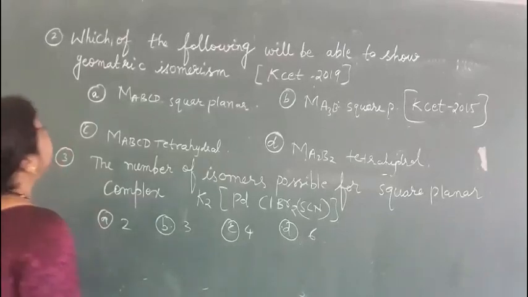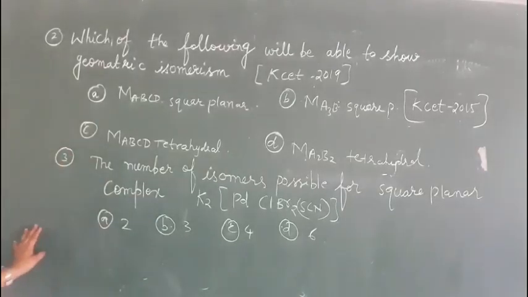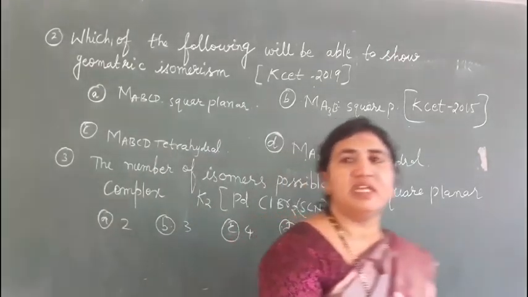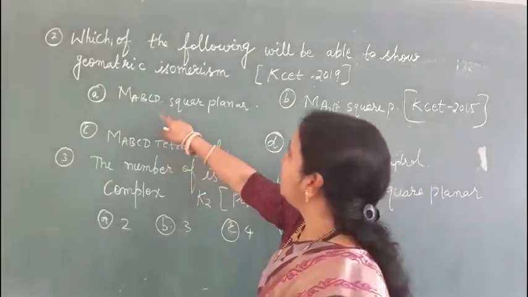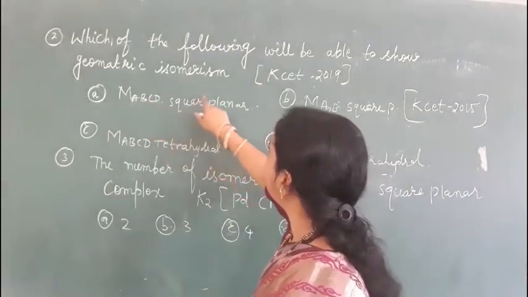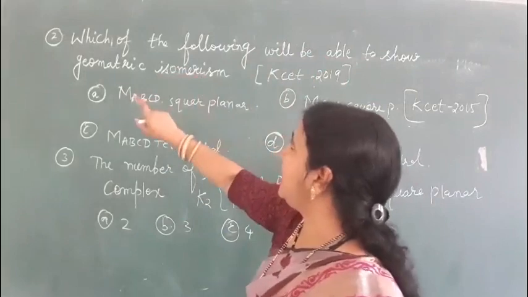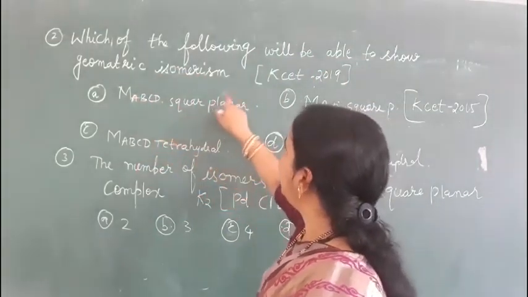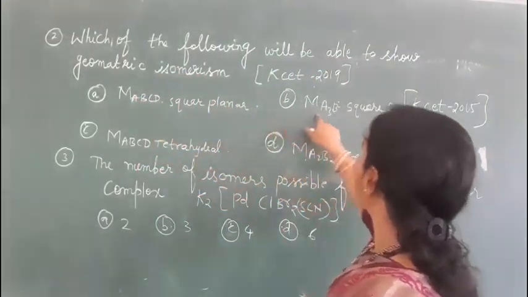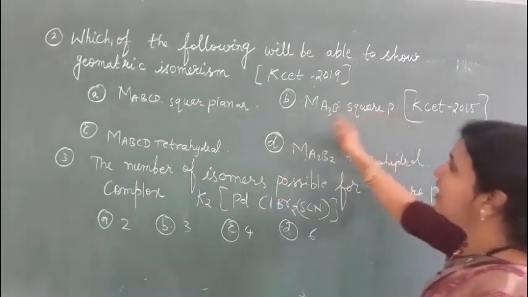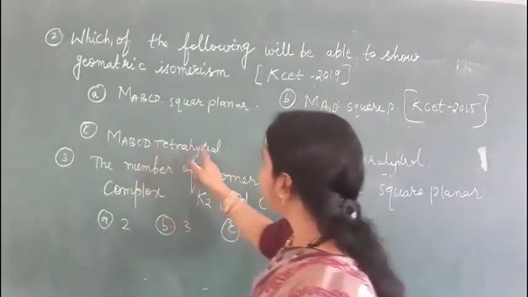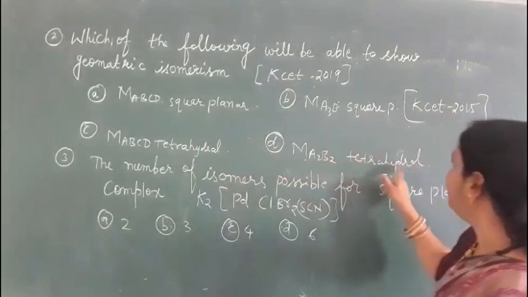Next question: which of the following will be able to show geometric isomerism? The options given are MABCD square planar, MA3B square planar, MABCD tetrahedral, and MA2B2 tetrahedral.